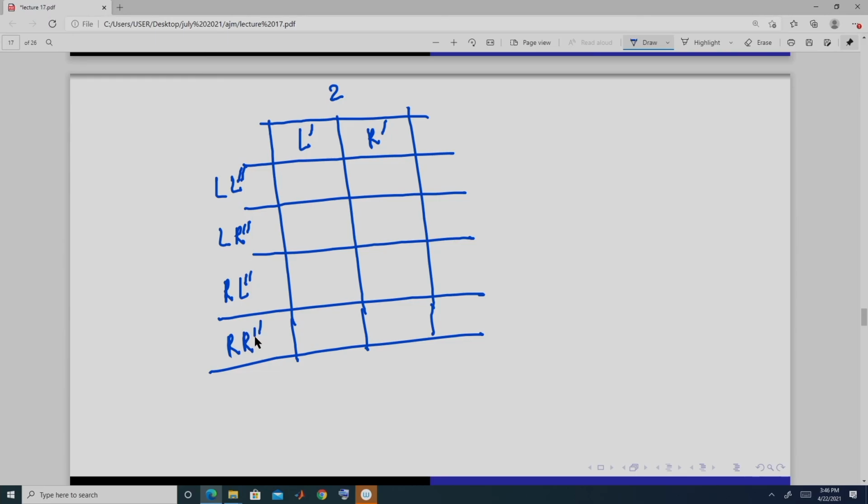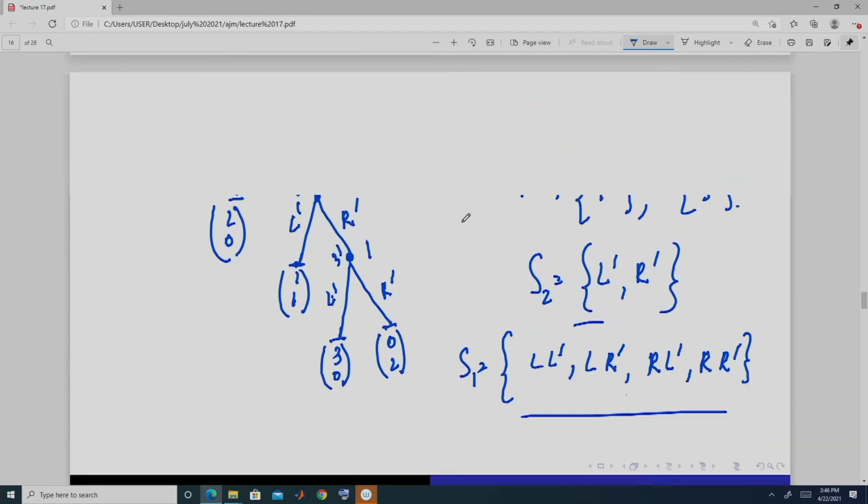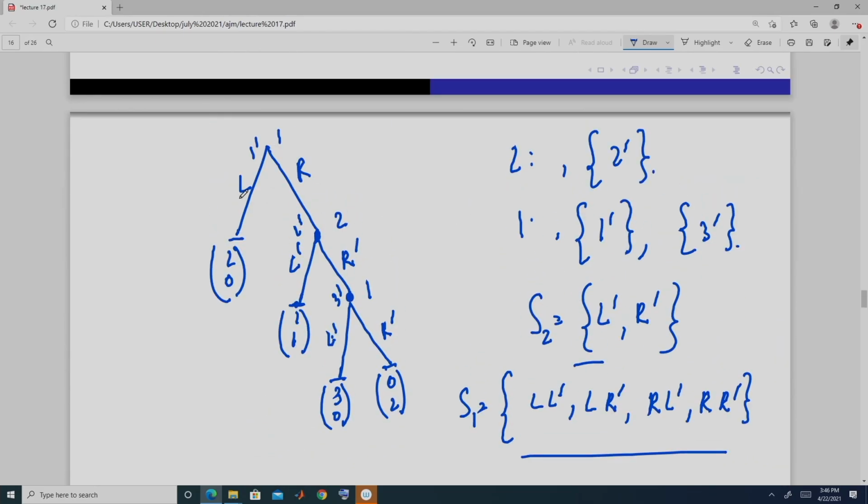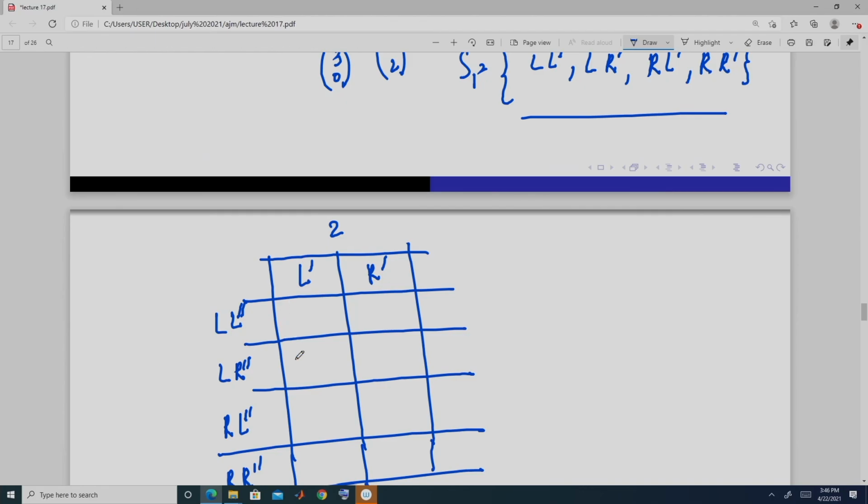It is this. Now, if player 1 plays L, player 2 does not get any chance to play, the game ends here. So, if it plays L, it is going to be 2-0. It is going to be 2-0 since it has played L, so player 2 it is same. So, for all these contingencies we get the same payoffs.